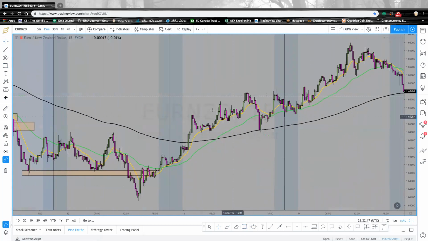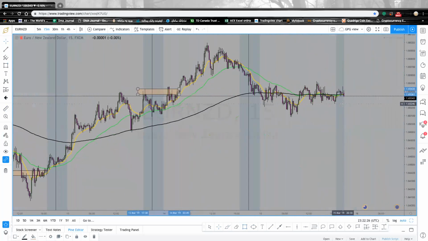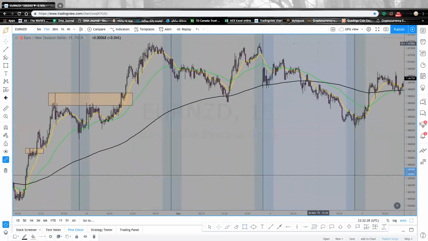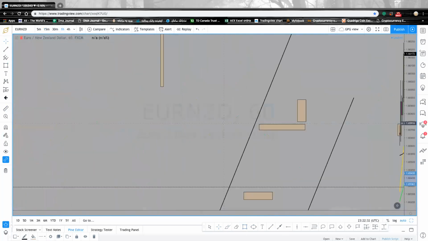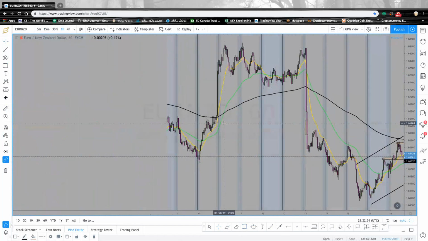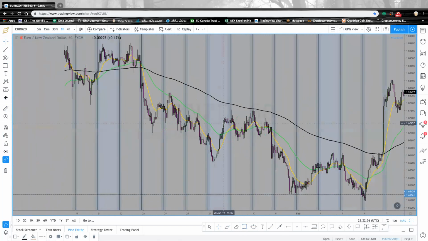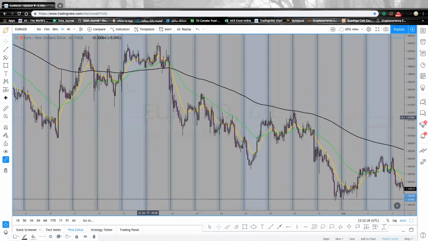So now they're up. Wick fill. And this one is done too. Let me go to 1 hour. They have more data at any time. Okay, much better.